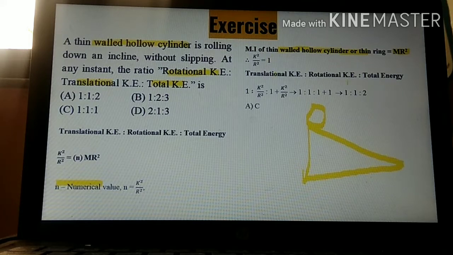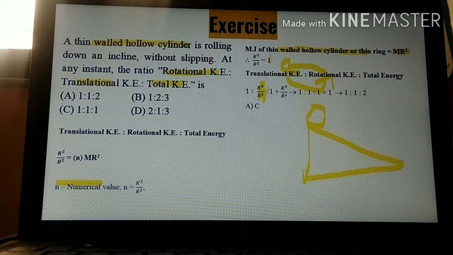So the formula is: rotational kinetic energy is to translational kinetic energy is equal to total kinetic energy. Over here rotational kinetic energy is denoted by k square upon r square. This should only come before translational and this should go afterwards. Anyways, it is 1 only, so it will not be making any change.